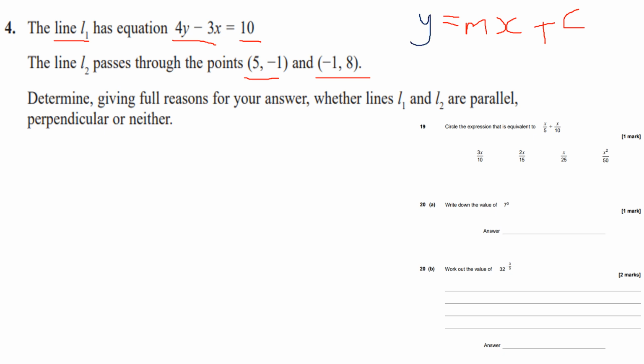So rearranging, adding 3x to both sides and then dividing through both sides by 4, we get that y is equal to (10 plus 3x) all over 4. So the coefficient of x, the number in front of the x, will be 3/4. So the gradient of L1 is equal to 3/4.